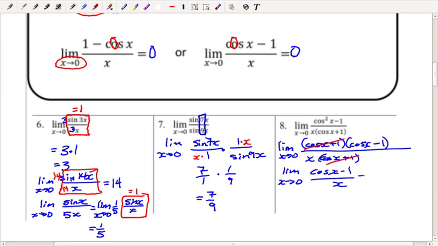So this is going to just equal 0. Even though, again, if I tried direct substitution, it would be 0 over 0. If I look at the graph, which we could if you wanted to, I would see that limit x goes to 0 of this graph actually does go to 0.